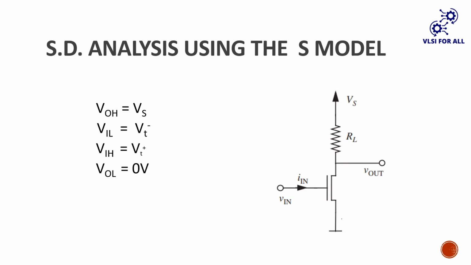If the threshold voltage is 1 volt, for example, whatever the voltage is less than 1 volt, less than the threshold voltage, then definitely the device will be in off condition only, so the MOSFET acts like an off switch, which can be considered as logic 0. Then if VIL wants to be represented as logic 0, definitely the value must be less than the threshold voltage.